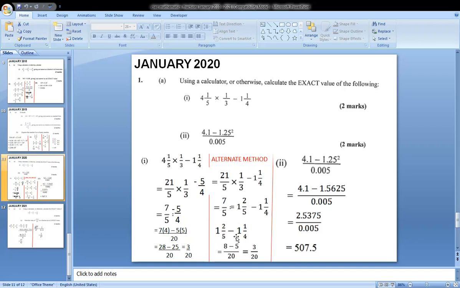The two whole numbers subtract would give us 0. So we simply find the LCM, which is 20, and we got 8 from 5 into 20, 4 times 2 is 8, 4 into 20, 5 times 1 is 5, and we got 3/20. Same answer, right?